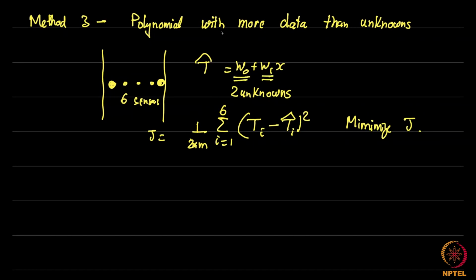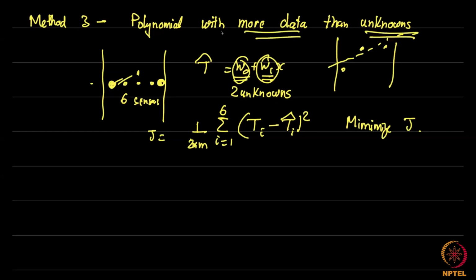If I now make 3 measurements, it is not always certain that the same W0 and W1 will satisfy these 3. And all we do is, okay, instead of satisfying these 3, I will have something that goes in the middle. So let's say temperature like this. You have something of this sort. This will be my hypothesis function. So if I have more data than the number of unknowns, you simply do a least square.